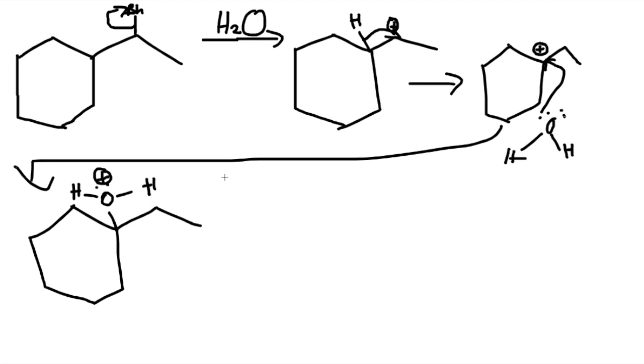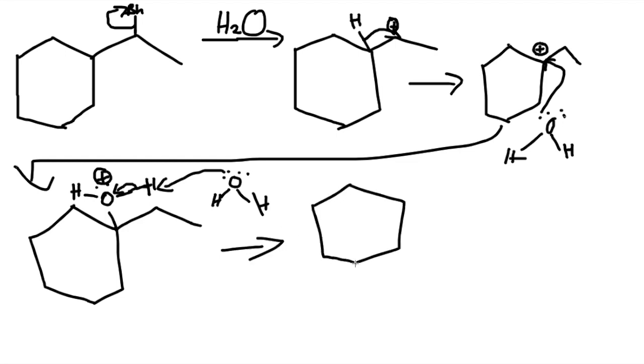We do not want this, so we bring water again to deprotonate. So water comes again. Oxygen lone pairs go to the hydrogen, and hydrogen gives off the electrons to that oxygen to form OH. So from here, we get something like this. Again, this is a racemic mixture, so 50% wedge and 50% dash OH, plus the racemic mixture.